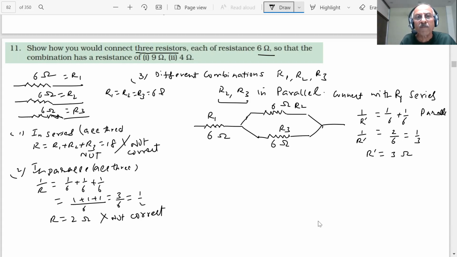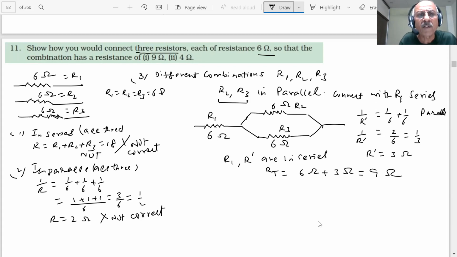So R dash and R1 are in series. So what will be the total resistance then, students? 6 plus 3 ohms, how much? 9 ohms. Do we have 9 ohm here? So this is the first answer, students.